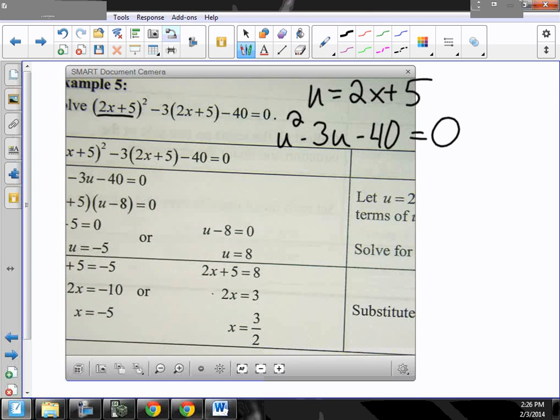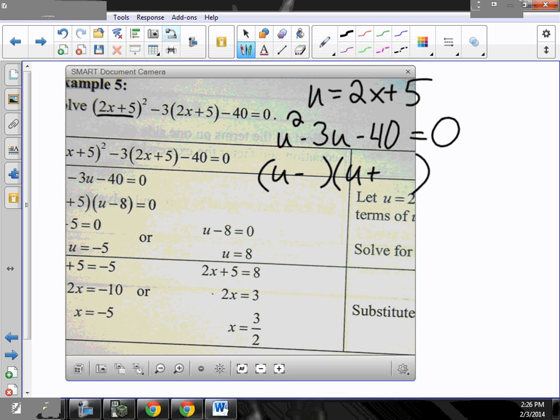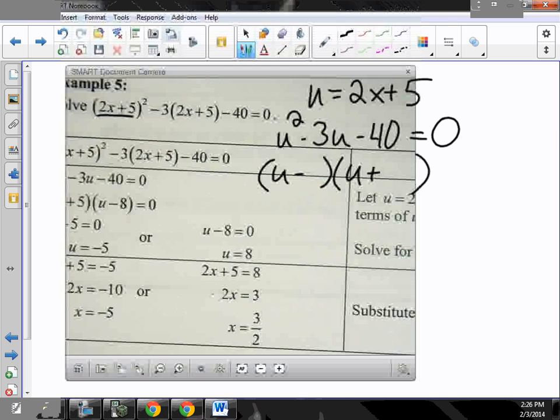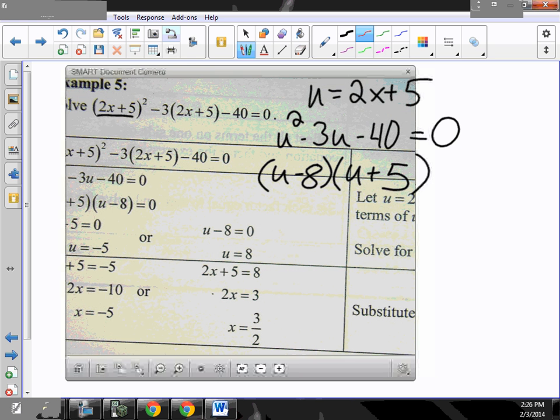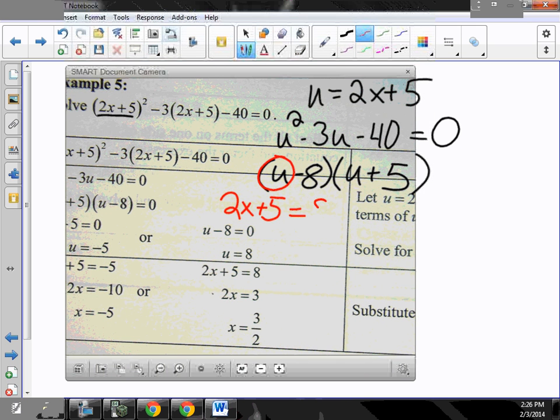So if I solve this, u minus and u plus, are there numbers that multiply to be negative 40 and add to be negative 3? 5 and 8, so the 8 is negative, and the 5 is positive. So u is really 2x plus 5, which equals positive 8, and 2x plus 5 equals negative 5.